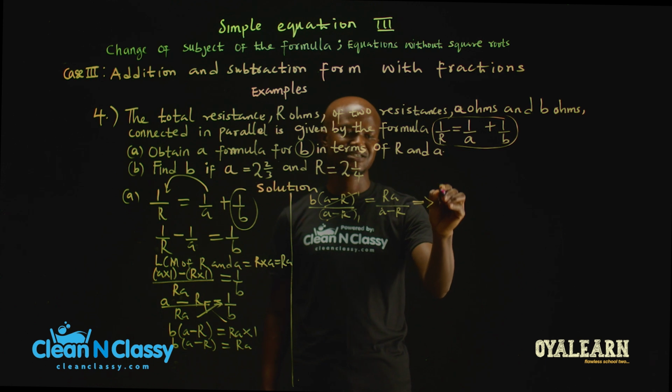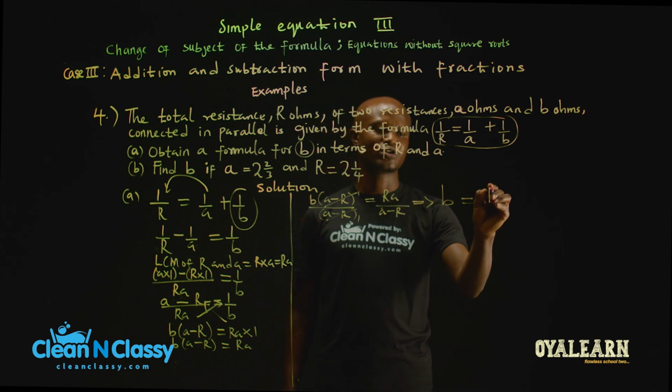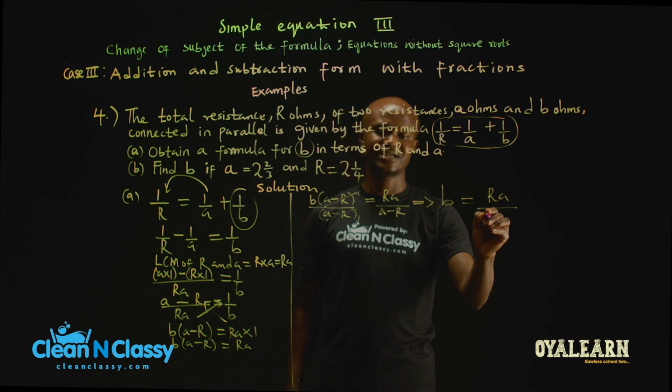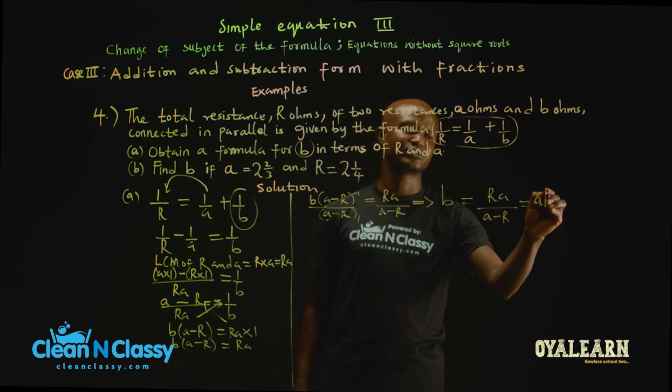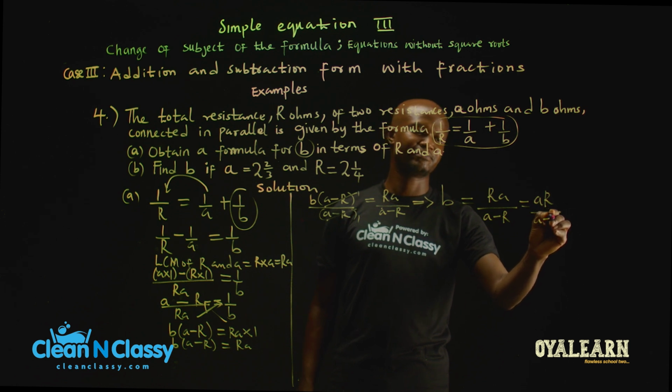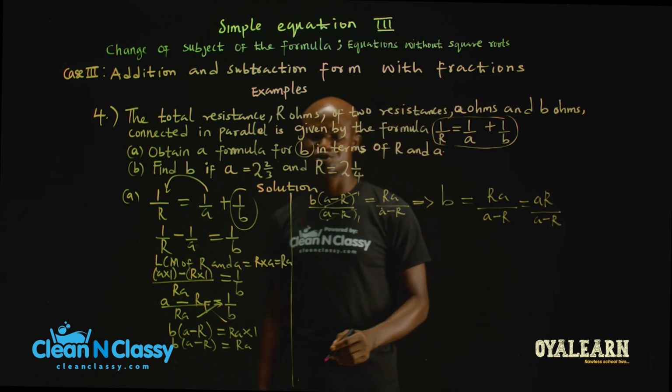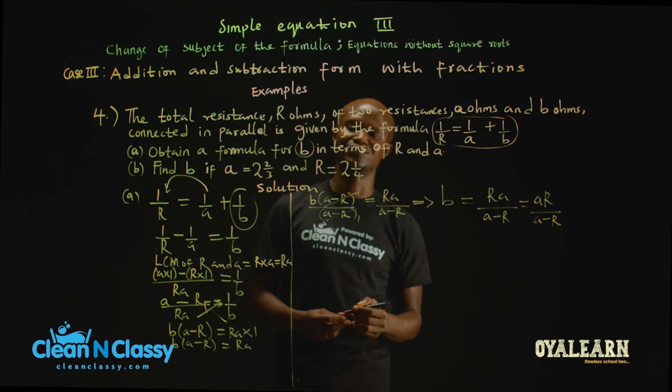This implies that B equals RA divided by A minus R, and it's also the same thing as AR divided by A minus R. So that is the solution to the first part of the problem.